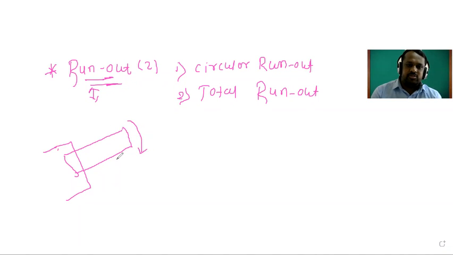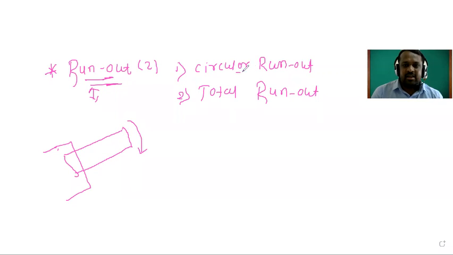Okay, and you have to check the run out. It is a little bit of wobble, in our Marathi language. Right? Yes. It is called a run out in our simple language.